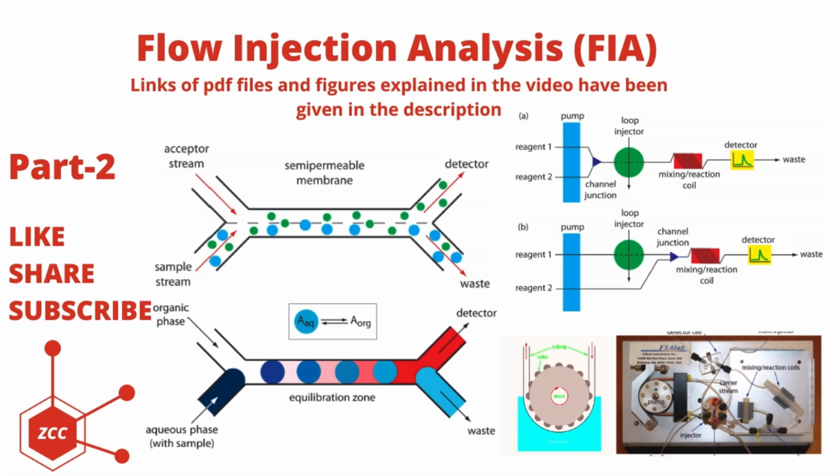So today is part 2 of a lecture series about flow injection analysis, and in this lecture we will see how different components of a flow injection system make up the whole analysis.